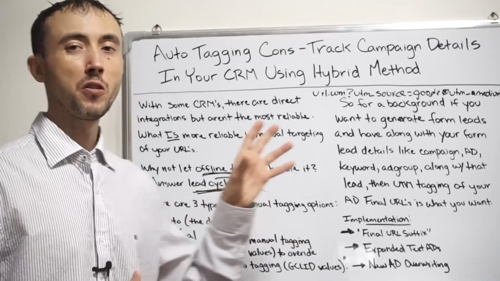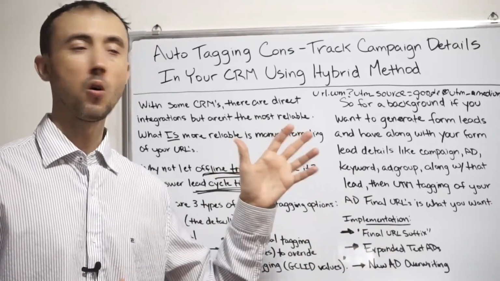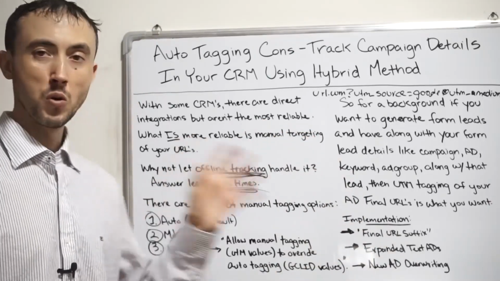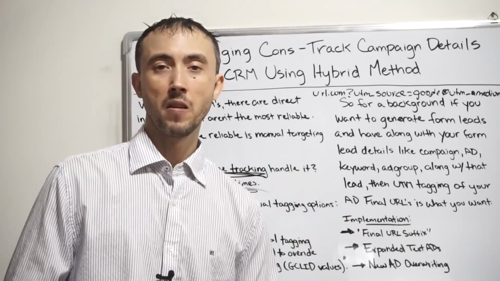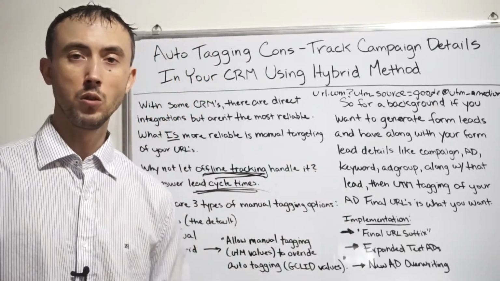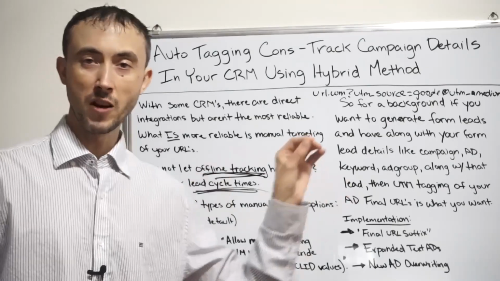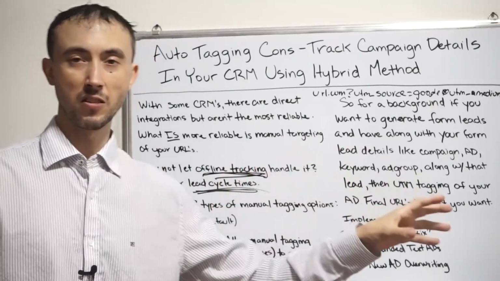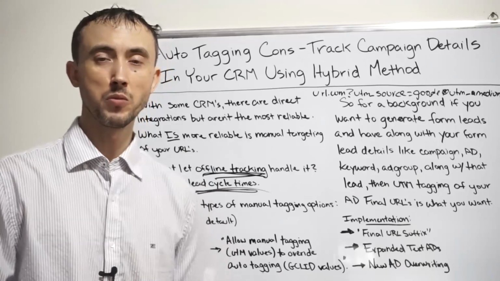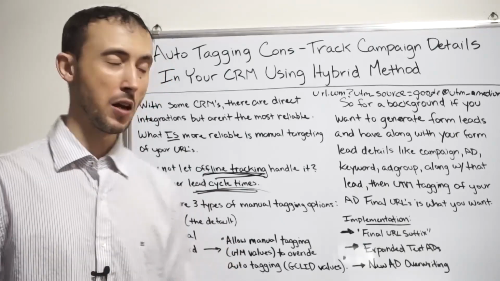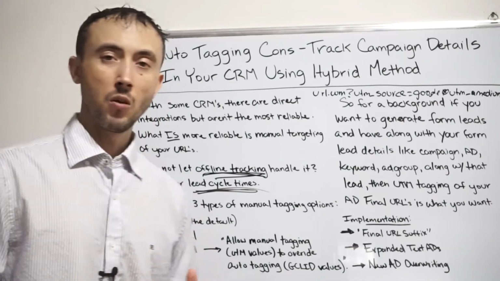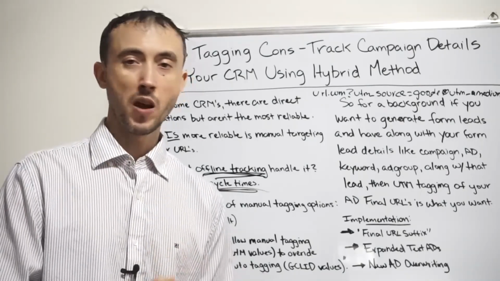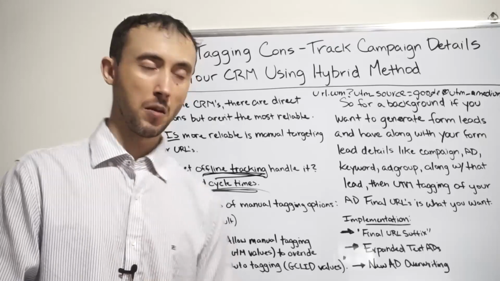But in general, that is pretty much the whole kit and caboodle that I wanted to go through today about adding UTM tags to your ad URLs, making sure information passes to your contact forms and to your email or your CRM, so you can do long-term analysis of the leads that you're getting, what's working, and how much revenue you're generating by keyword, by campaign, and so forth.